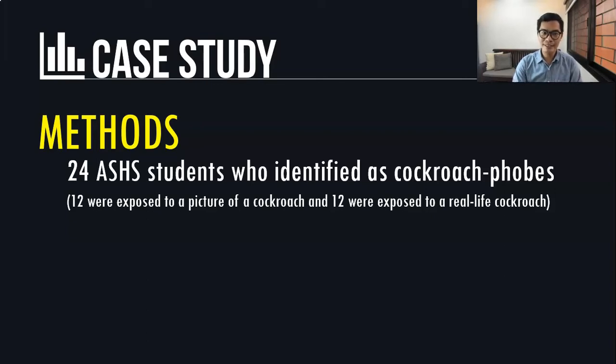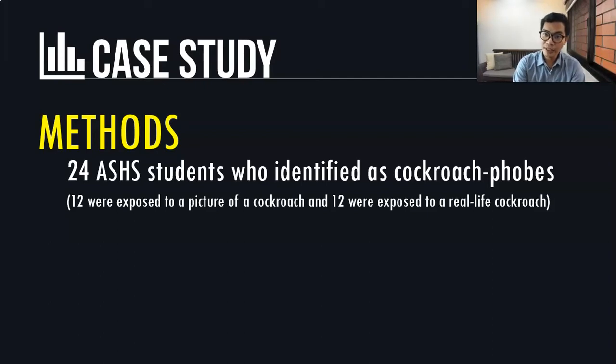In this case, you invited 24 senior high school students who identified themselves as having a phobia of ipis, cockroach, and you divided this whole population into two groups. Twelve were exposed to a picture of a cockroach and 12 were exposed to a real-life cockroach. If you compare this with the paired samples t-test, all your participants were exposed to both the picture and the real cockroach.